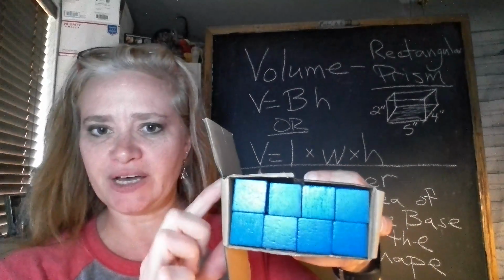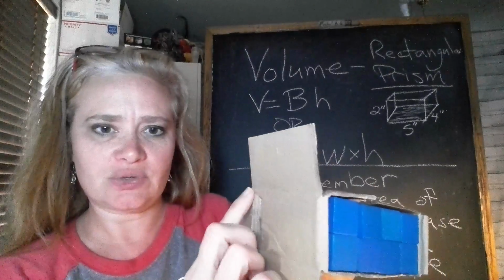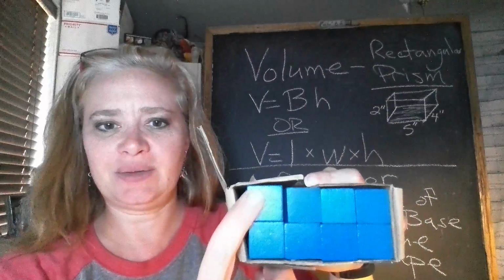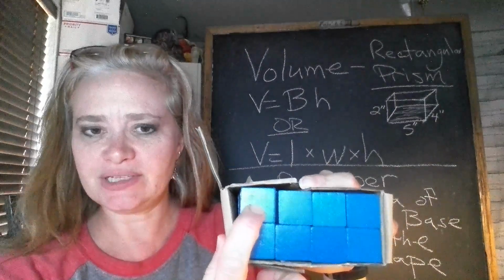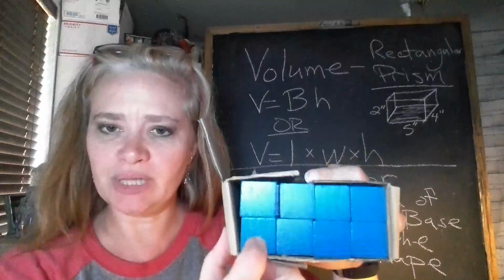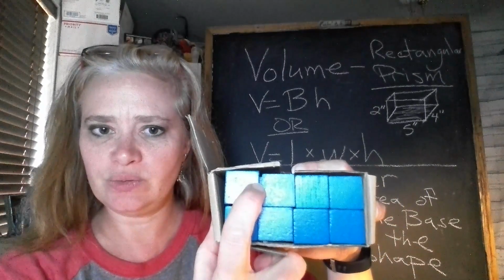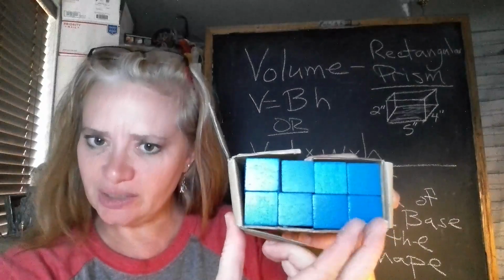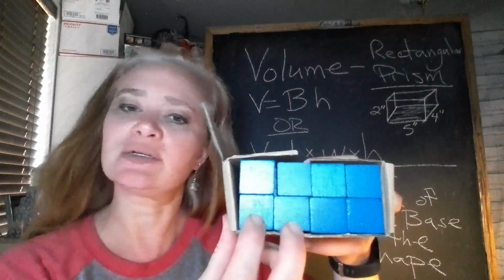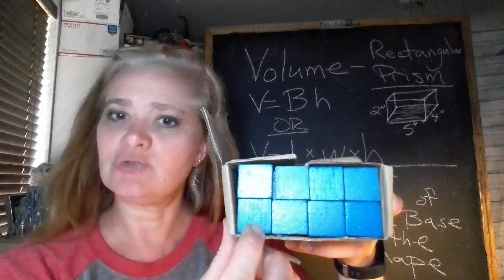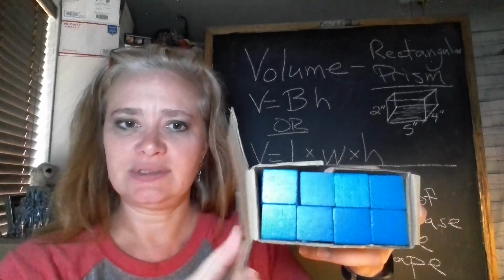That row is still 5 this direction, so I'm 5 long, and I am 4 wide on the top, and I have 2 stacks of 20 blocks. So there's 20 in this row and 20 in this row. So I took the area of my base, which we agreed was 20 a little bit earlier, 5 times 4, and I just made 2 stacks of 20.